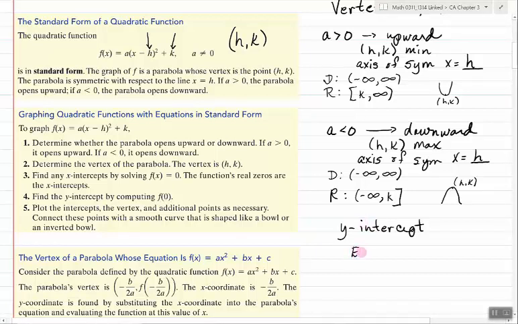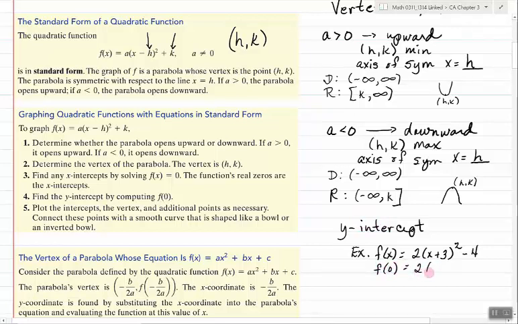For example, I'll do it the way the book does. If you have f of x is equal to 2 times (x plus 3) squared minus 4, the y-intercept is found when x is 0, so it's f of 0.